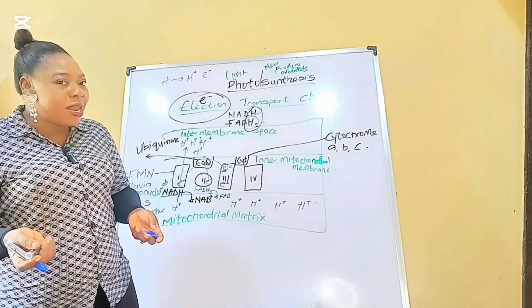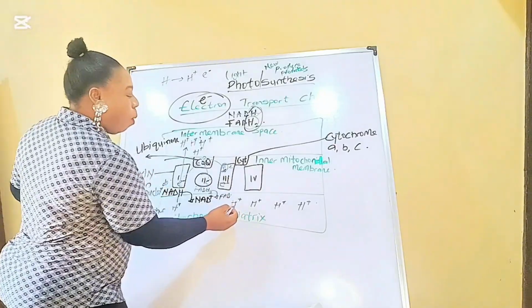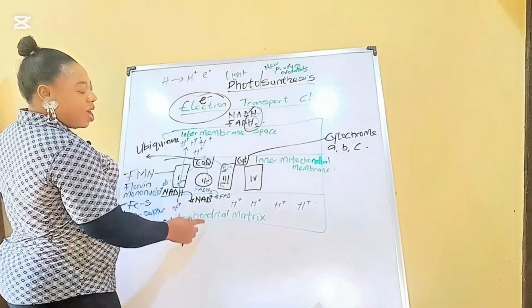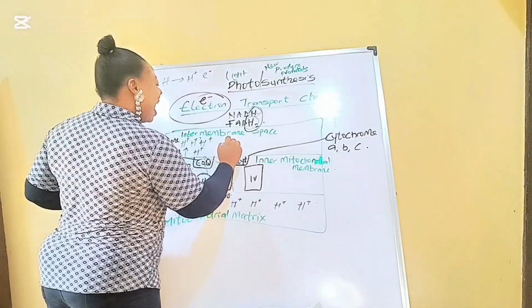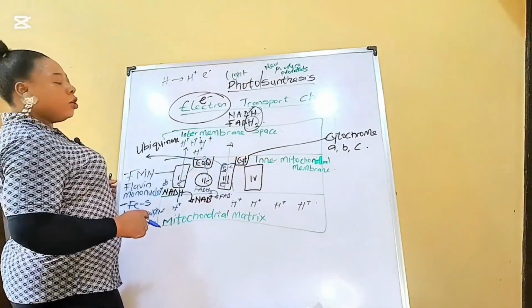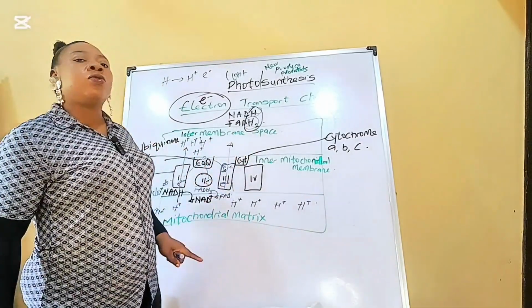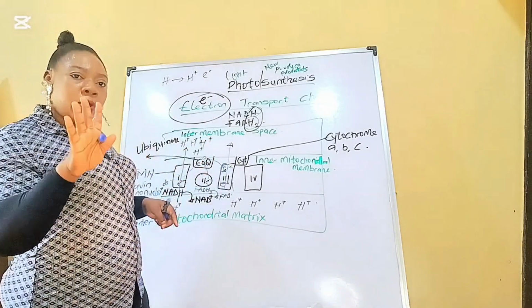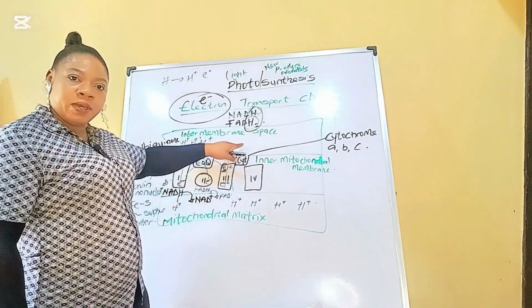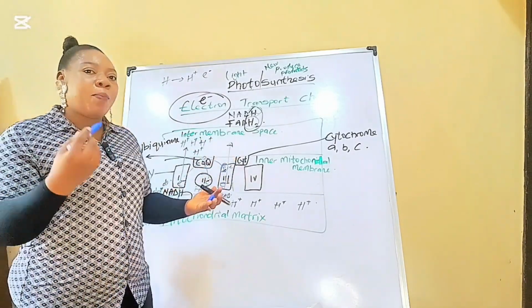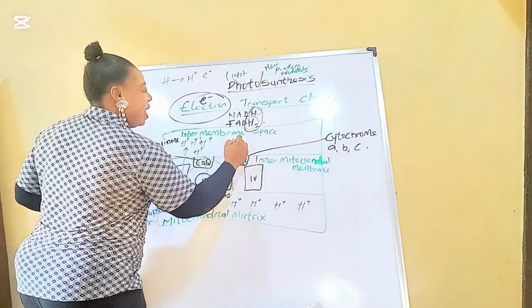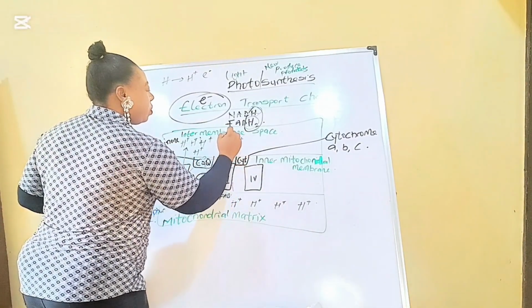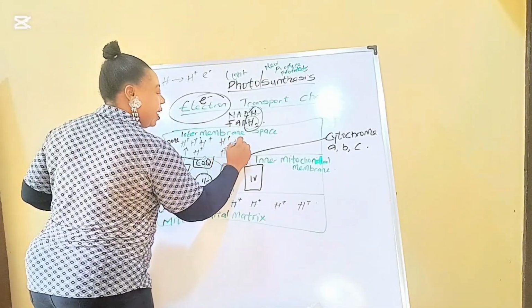And remember what happens when they are supercharged? They will help to pump protons from the mitochondrial matrix into the intermembrane space. So complex 3 will help us pump 4 protons into the intermembrane space. With that, you see that our proton gradient is increasing. We have 4 protons again here.